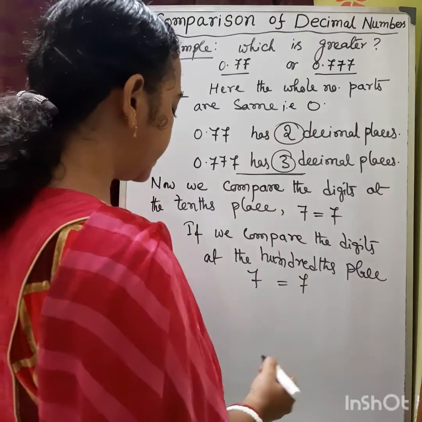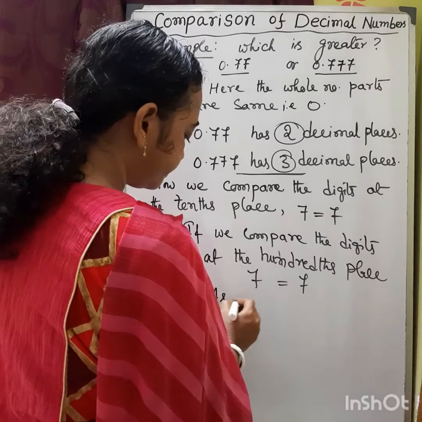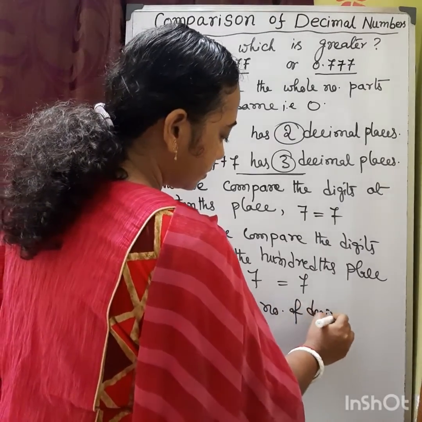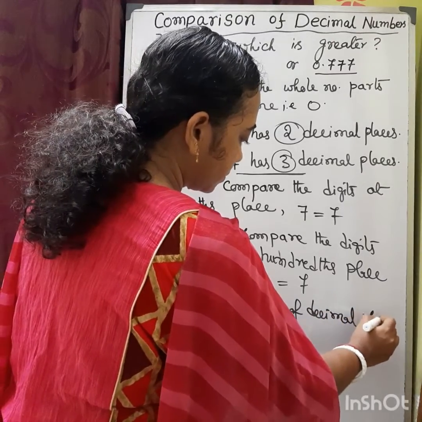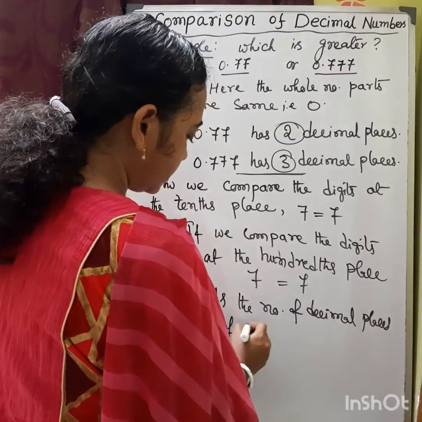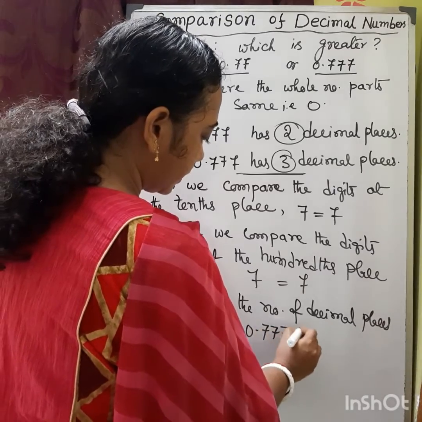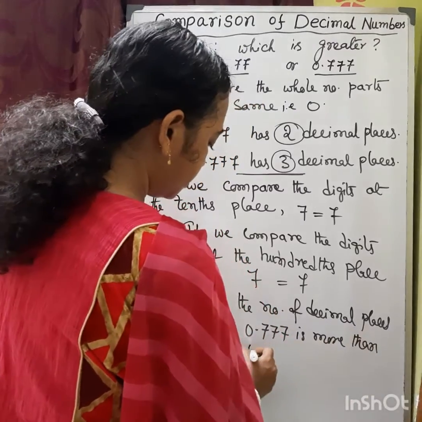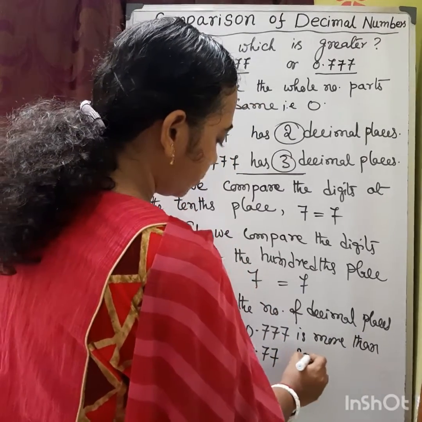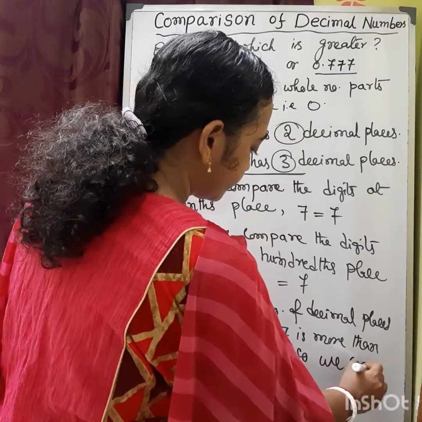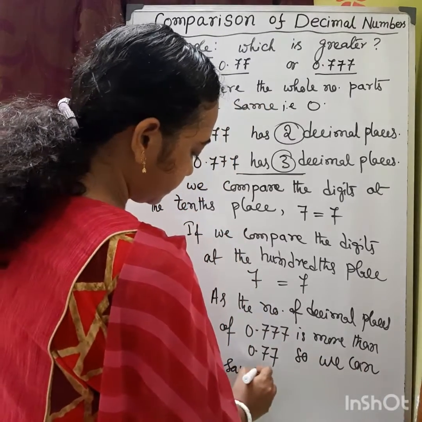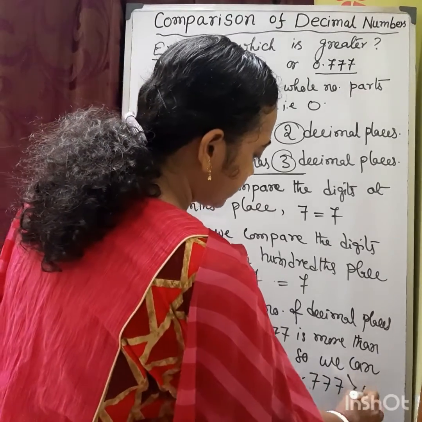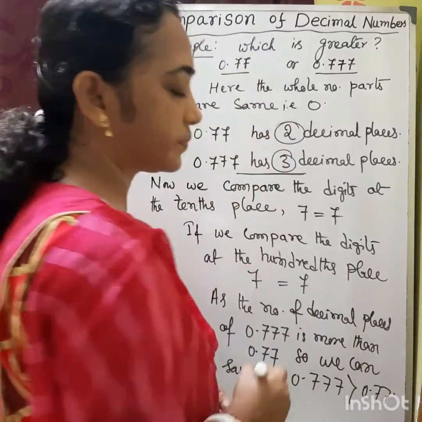So in this case we simply say that as the number of decimal places of 0.777 is more than 0.77, we can say that 0.777 is greater than 0.77.